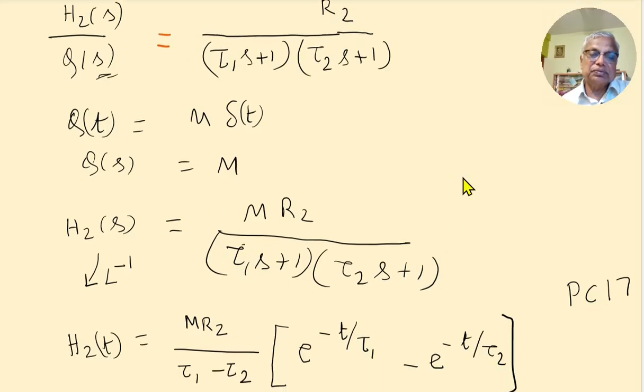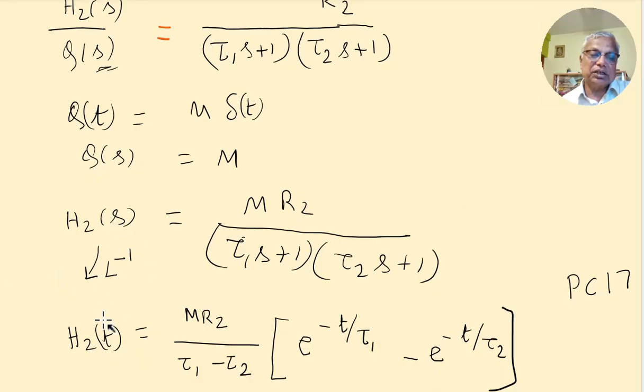Now take the inverse Laplace transform, and you get H2(t). The term M R2 is a constant, and the inverse of 1 by tau 1 s plus 1 into tau 2 s plus 1 has been derived in my lecture titled PC17.